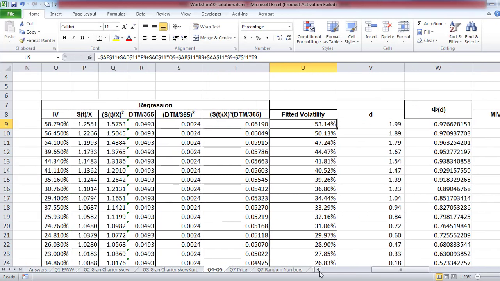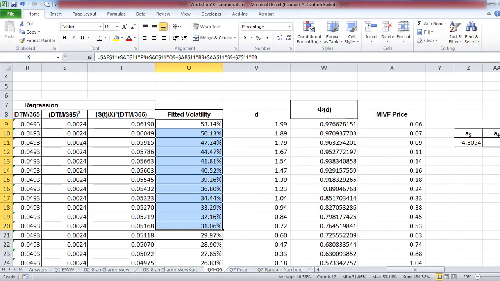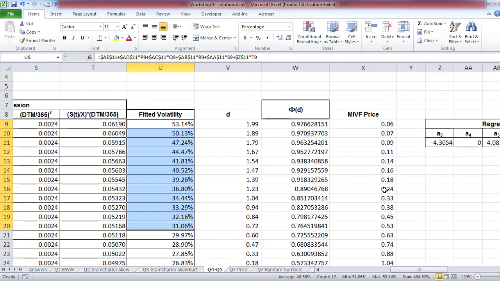Now you see the fitted volatility is not exactly the same as the implied volatility, given that we're fitting a linear model with quadratic terms. So these are pretty close, it's not exactly the same, but given these fitted volatilities, I can recompute a Black-Scholes price.